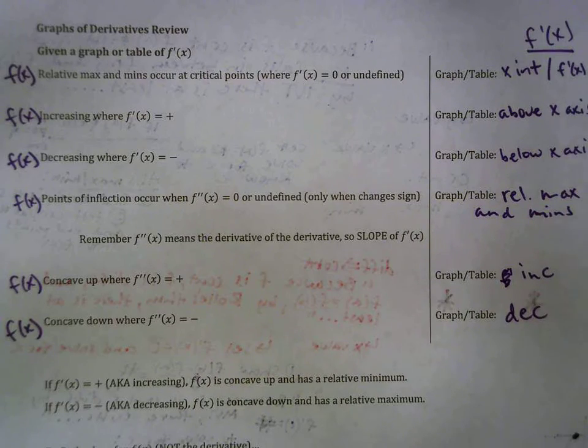So if they give you an f prime graph and you're making a statement about f, go back to here and see if this helps. This says if f prime is positive, f of x is concave up and has a relative minimum. What if, I feel like that's not complete. Hold on.